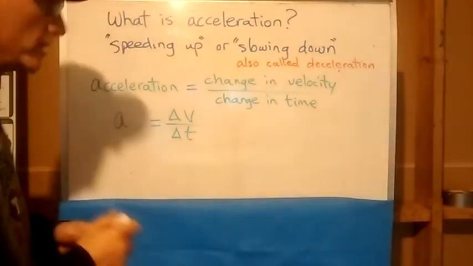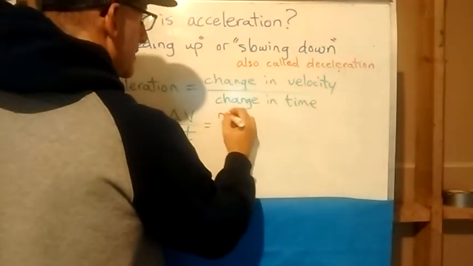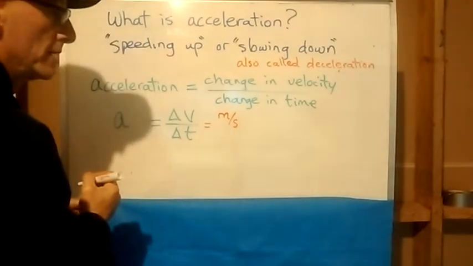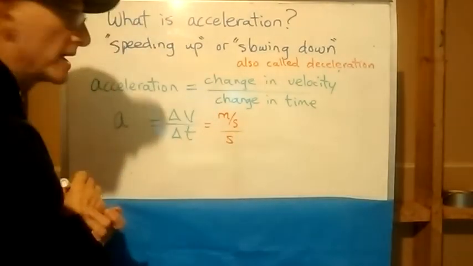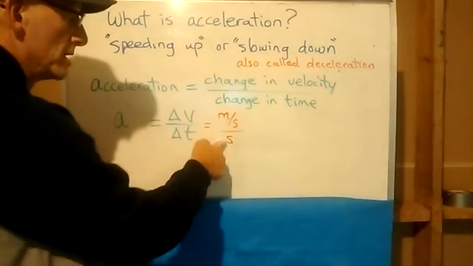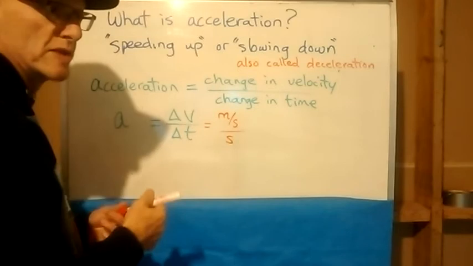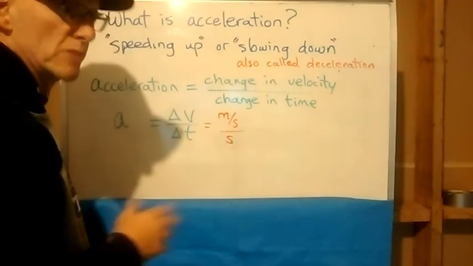It has weird units. It's a change in velocity, which is like meters per second in a certain amount of time, like in a certain amount of seconds. So it's really meters per second change per second. So we say that it's a meter per second change per second.